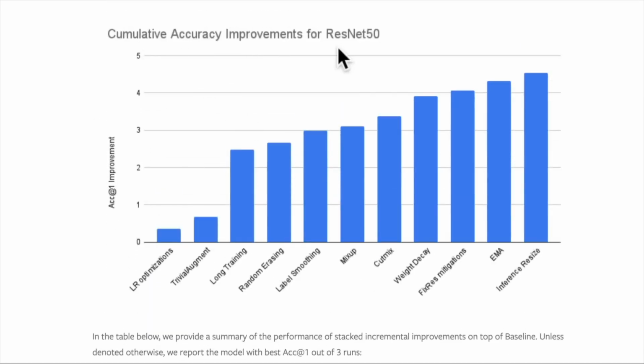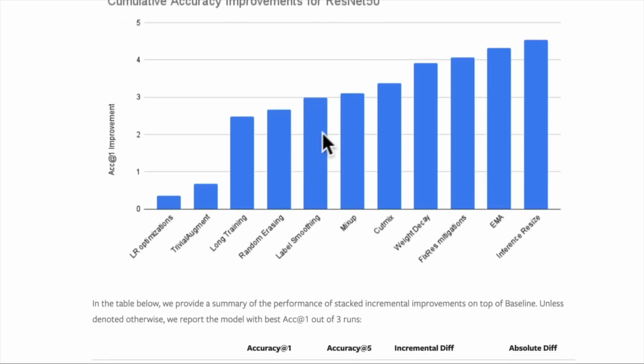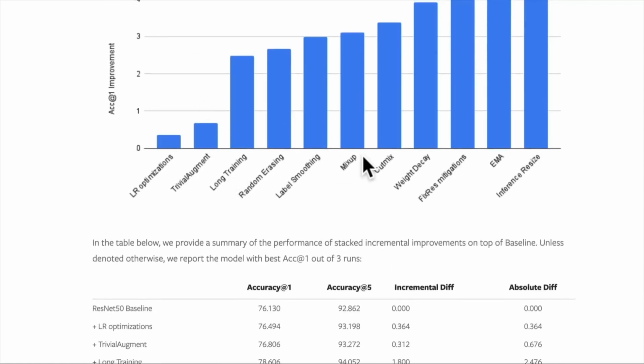So if we add up all of the improvements that they used, there's a whole bunch here. Now, as your extra curriculum, I'd encourage you to look at what the improvements are. You're not going to get them all the first go, but that's all right. Blog posts like this come out all the time, and the recipes are continually changing. So even though I'm showing you this now, this may change in the future.